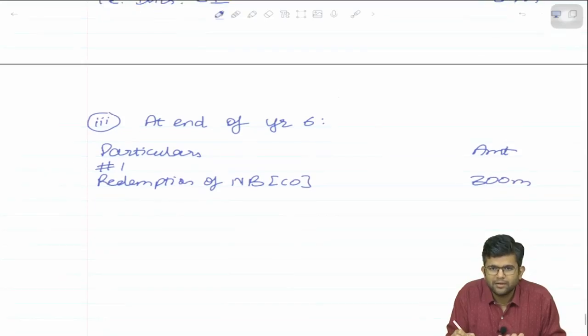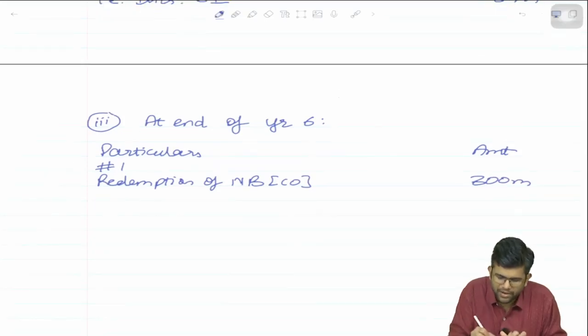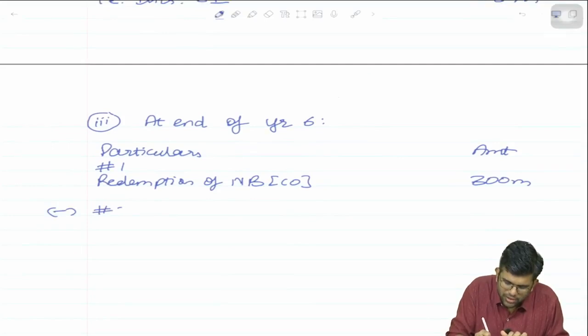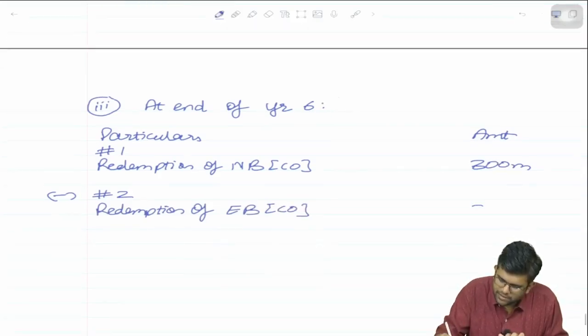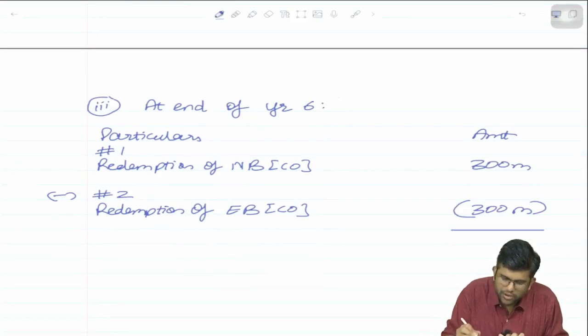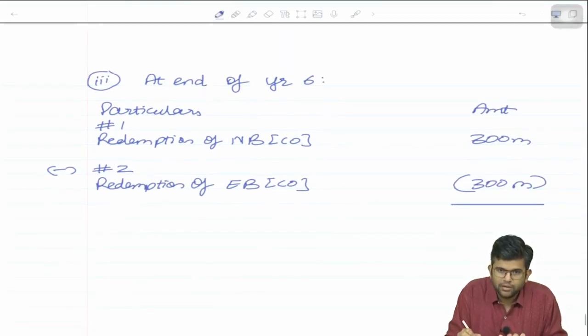I will redeem the new bond, Mahalakshmi, I will give 300 million back. Minus story number 2. Redemption of existing bond, 300 million. Do you all understand what I am doing here? Clear?